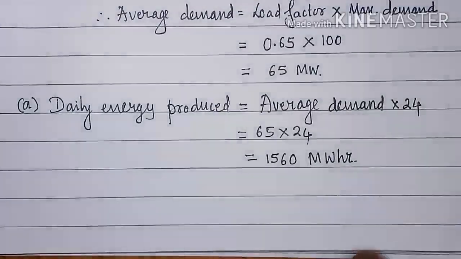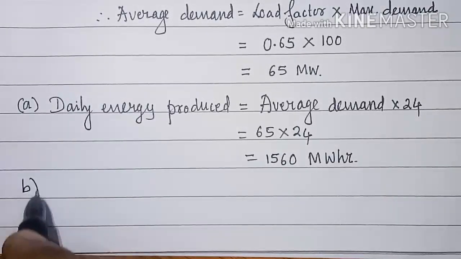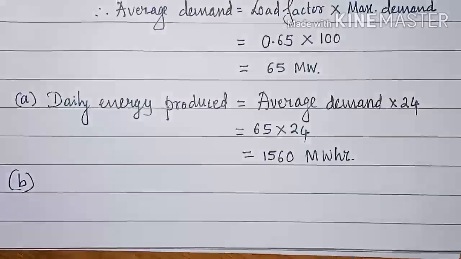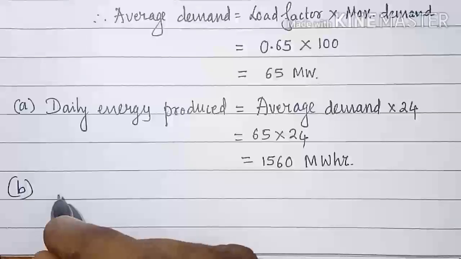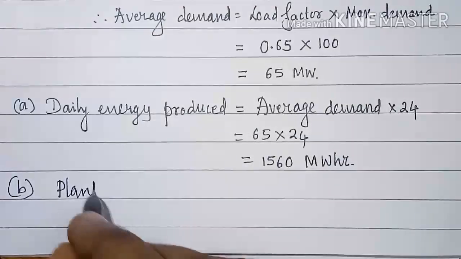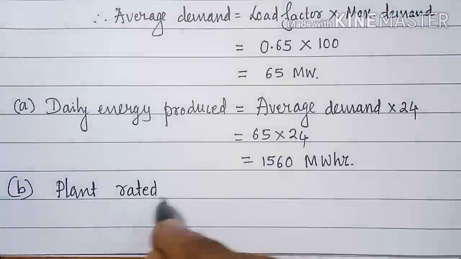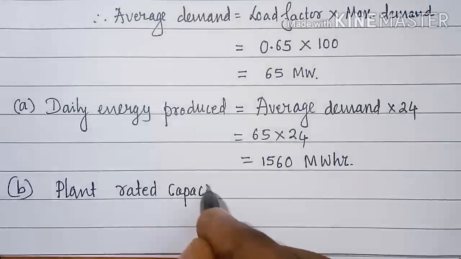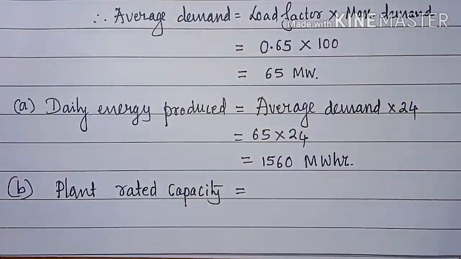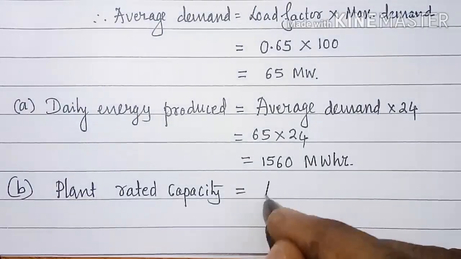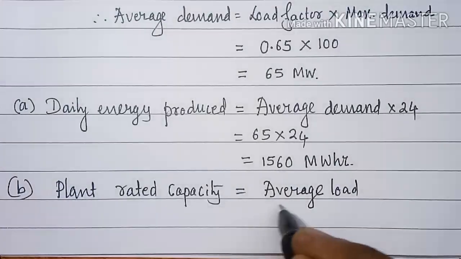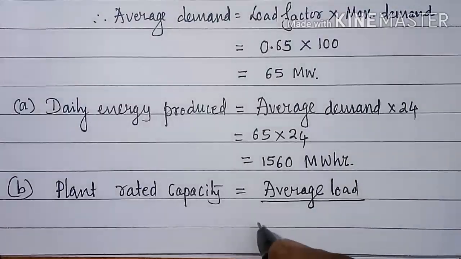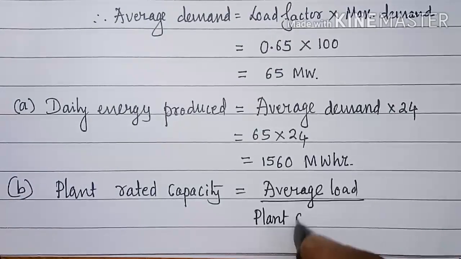Next, we have to calculate the installed capacity of the plant or the plant rated capacity. Plant rated capacity is equal to average load divided by plant capacity factor.